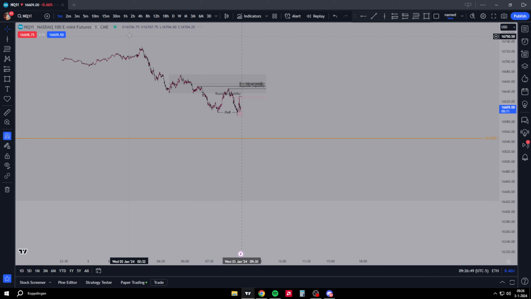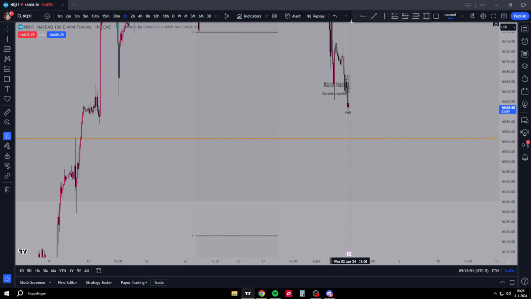But yeah, I would anticipate this equilibrium, and I could just mark this out as well. Wait, did we take out that one? Yes. I want to do it so you guys can see it as well, but you won't be able to. Yeah, we never took out that. Oh yeah, that's fine.